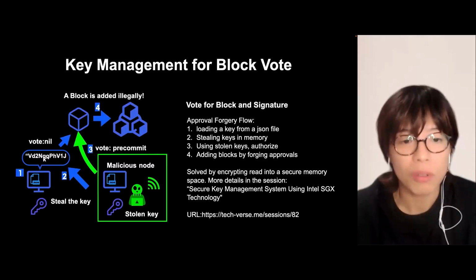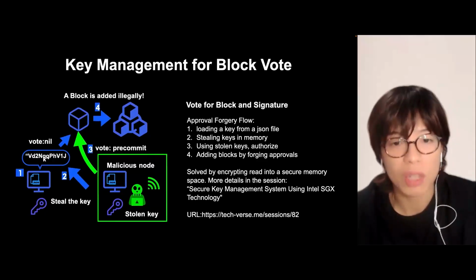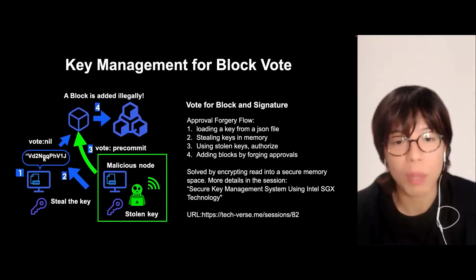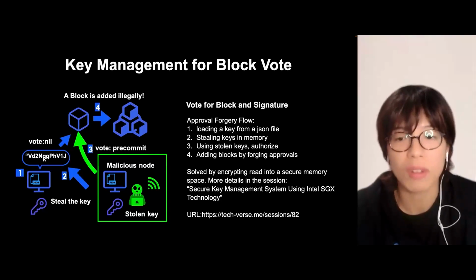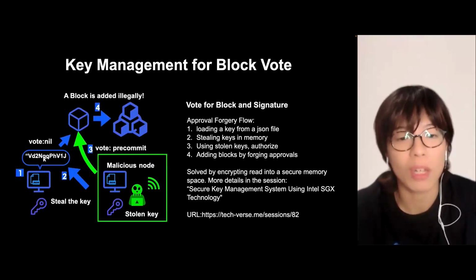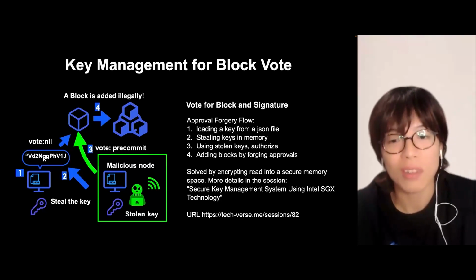And for example, let's say there is an attempt to steal the private key, and the file is inside the memory. Because of the cold boot attack, that way is not safe.